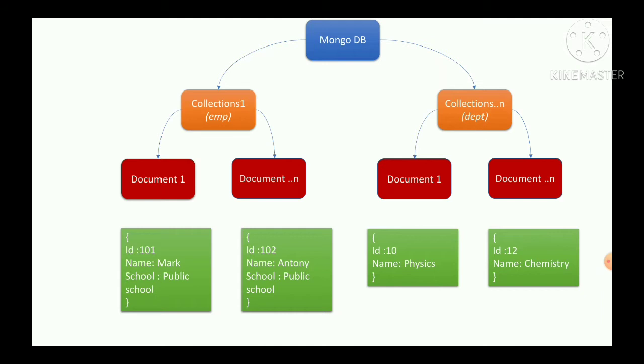In the same way, in the NoSQL database MongoDB, we store the list of records, or array of records, in documents, and the documents are stored under collections. A lot of collections are stored under MongoDB. So this is the MongoDB structure. MongoDB contains a lot of collections like EMP, DEPT, and each collection contains a lot of records, which are called documents. Documents contain key value format, like JSON format.